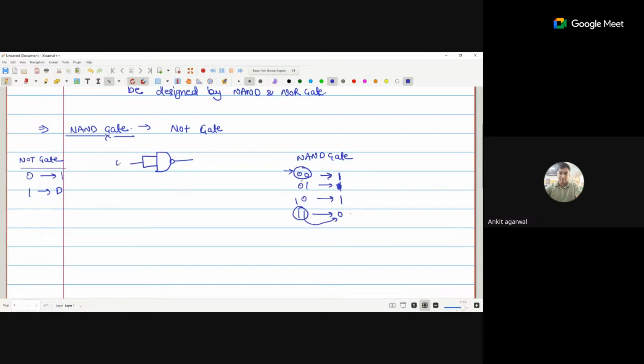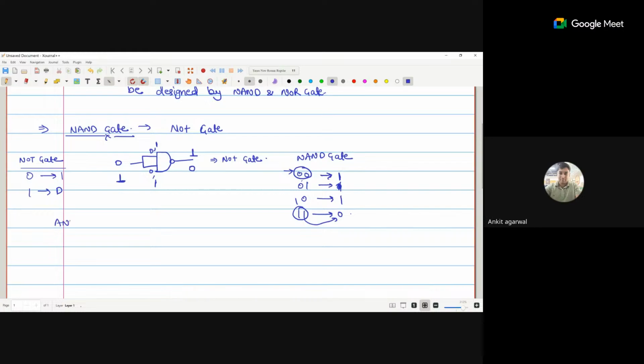That means if I apply 0, both inputs become 0, and we get 1. And if I apply 1, I get a 0. So basically, this behaves as a NOT gate.